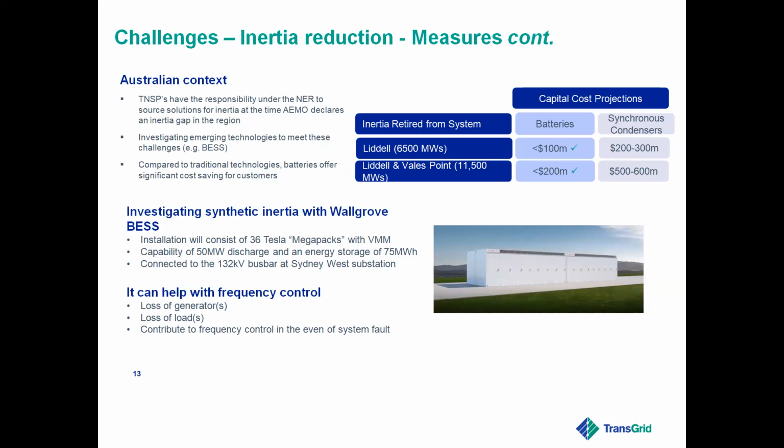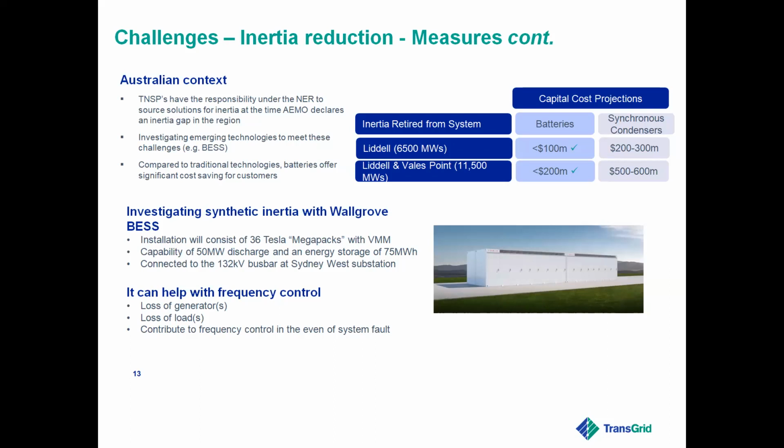They will say that on this date, there will be a certain gap. Then the transmission network service provider is responsible for filling that gap. So we are considering synchronous condensers as one form of introducing inertia to the system, but also we are looking at, can we use these batteries to contribute?